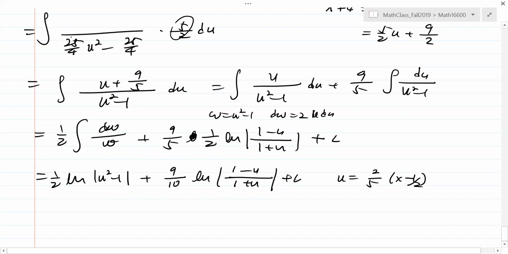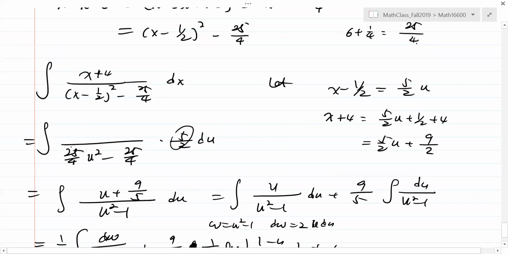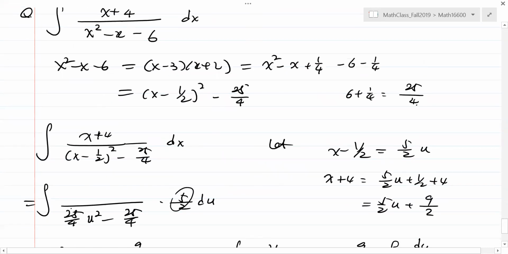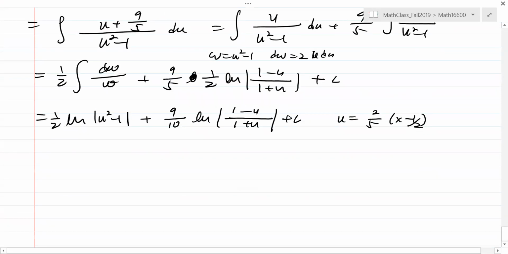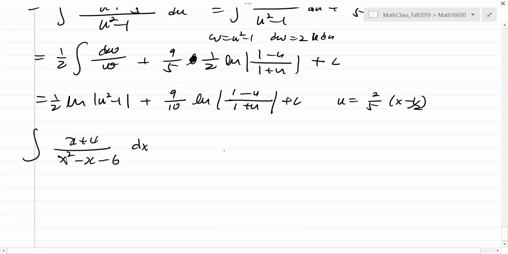Now, are there other ways to do it, right? Let's go back to this problem. Here's the integral of x plus 4 over x squared minus x minus 6, dx, right? I know x squared minus x minus 6 is x minus 3 times x plus 2.